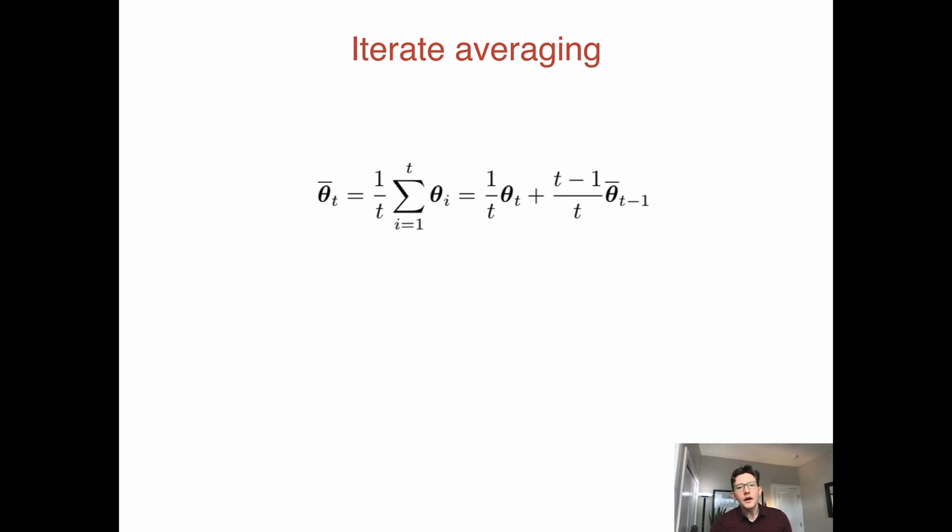There are a number of more sophisticated methods for decreasing the variance and improving the convergence rate of stochastic gradient descent.